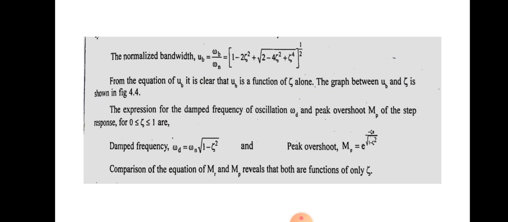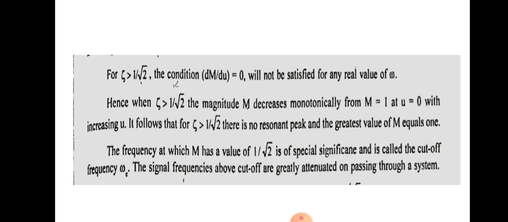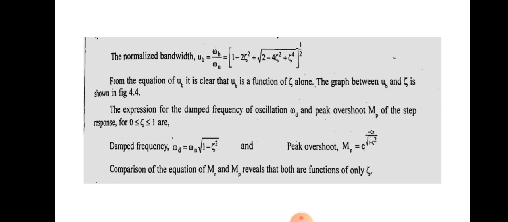Now we have discussed the frequency domain specification, and we have to discuss the time domain specification. Actually, our topic is the correlation between time domain specification and frequency domain specification. In the time domain specification, we have the damped frequency of oscillation omega_d and the peak overshoot, represented as M_P instead of M_R, which represents the maximum value.